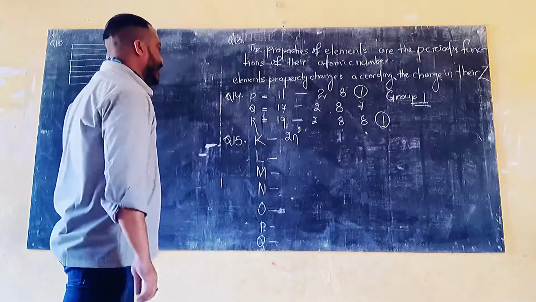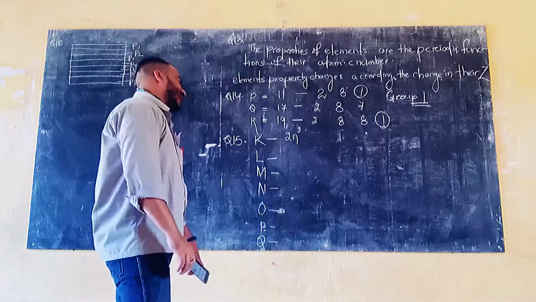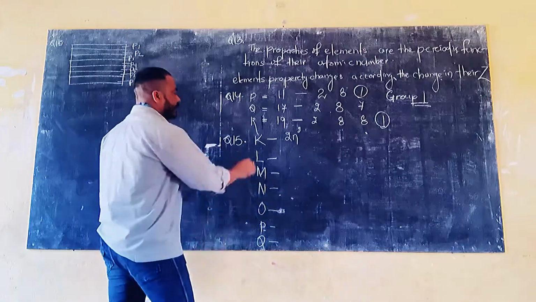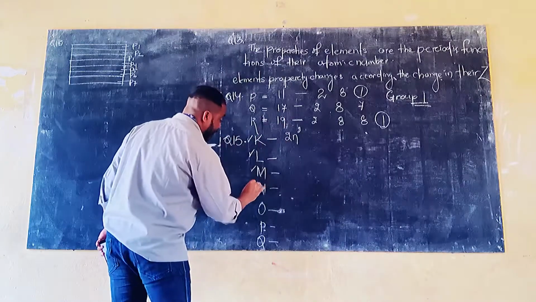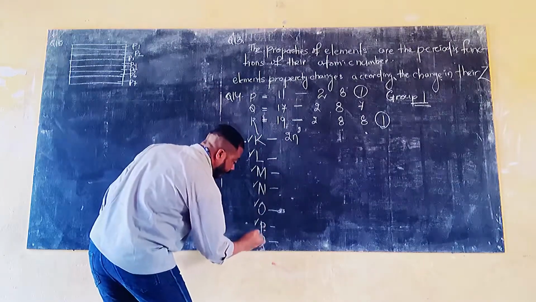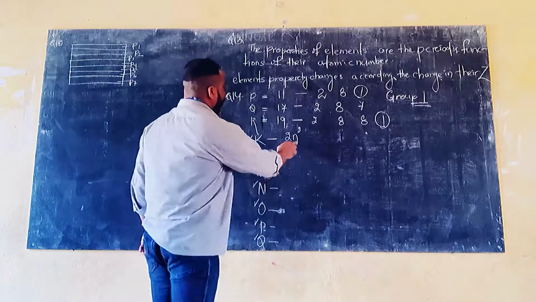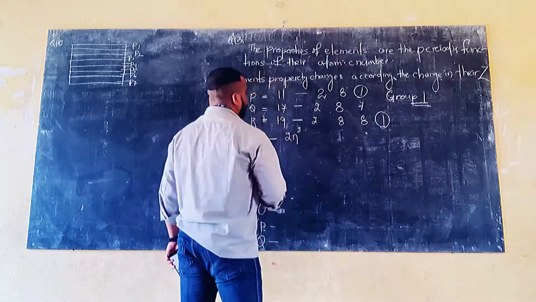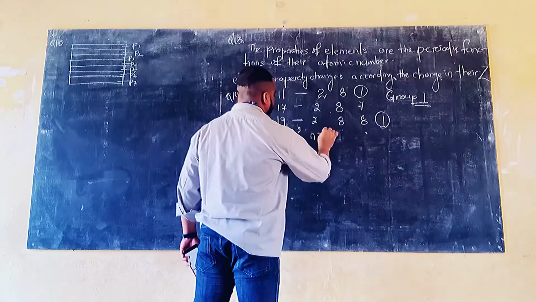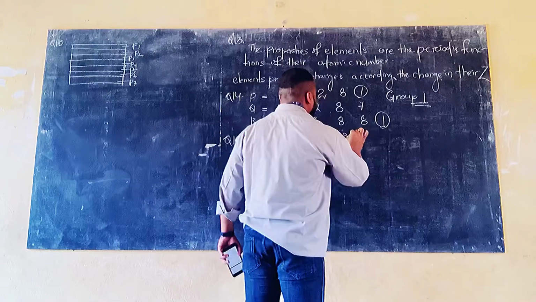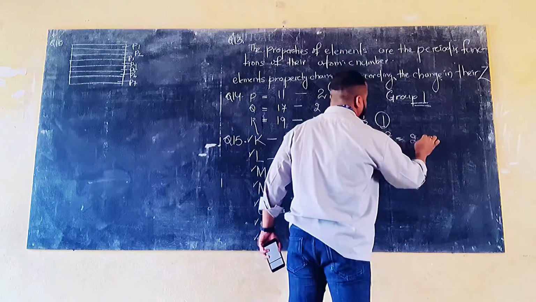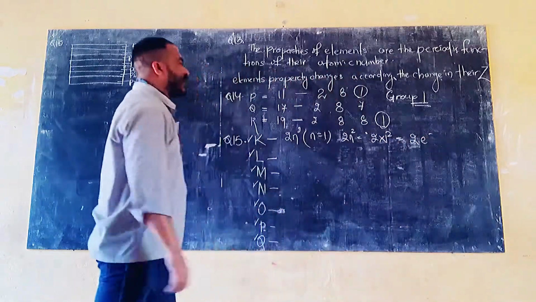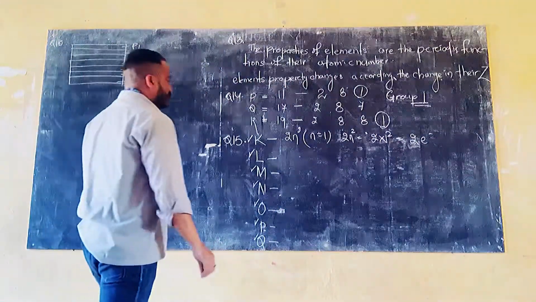This formula will help us calculate the number of electrons that a shell can hold. The value of n for K is 1, so 2n squared equals 2 into 1 squared equals 2. So the K shell can hold only 2 electrons.